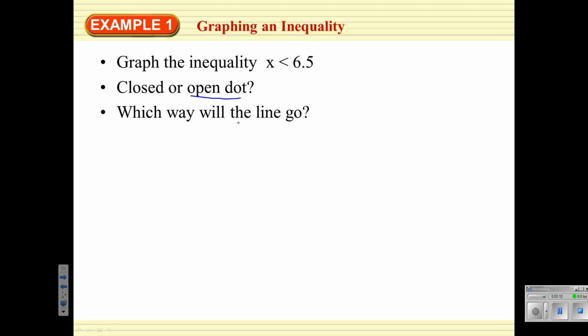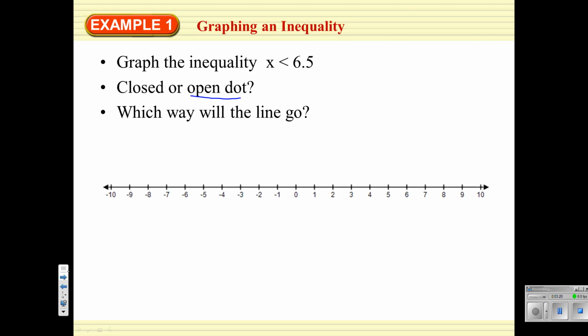If x is less than 6.5, we have to go in the direction of the numbers that are smaller than 6.5. So 6.5 would be right in here between 6 and 7. I'd make a line at 6.5. It's an open dot at 6.5, and I would shade my line this way.